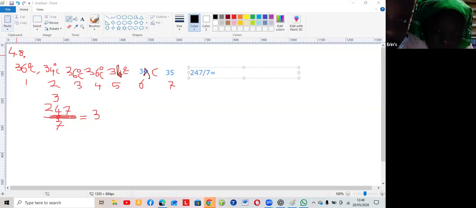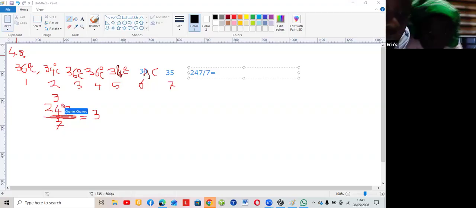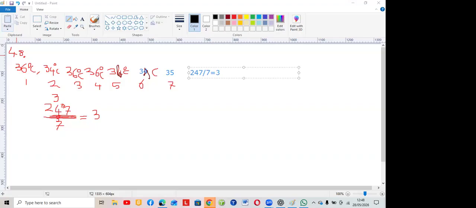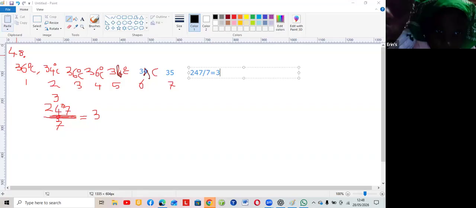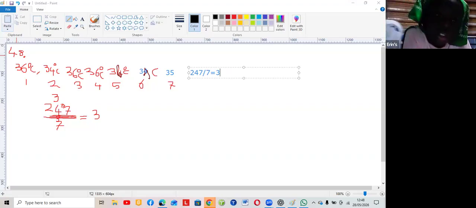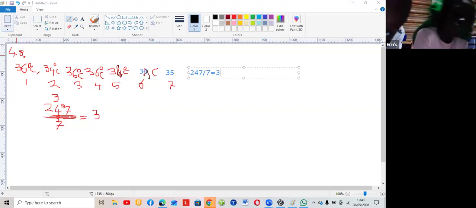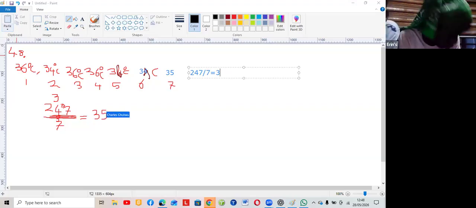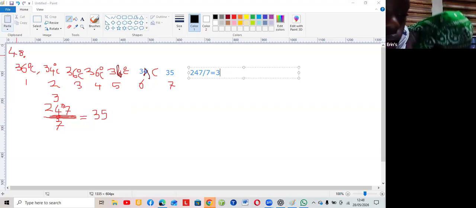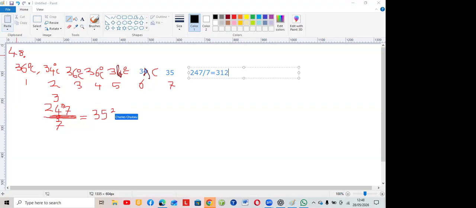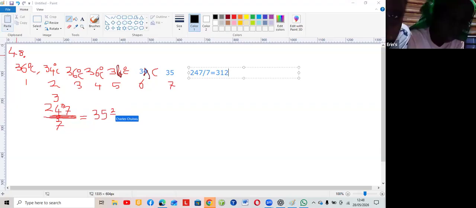Sorry, the 7 in 27 is what? 3 remainder. 3 remainder what? 7 in 37 is 12. 12, okay. Where did you get 12? I thought it was 3 already, but in 7, 5.